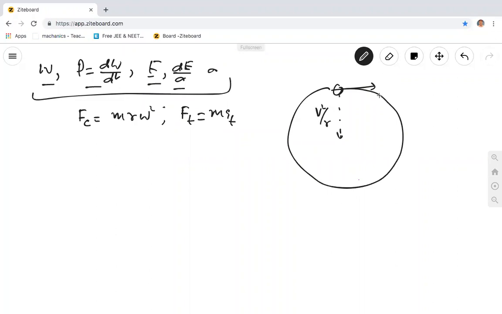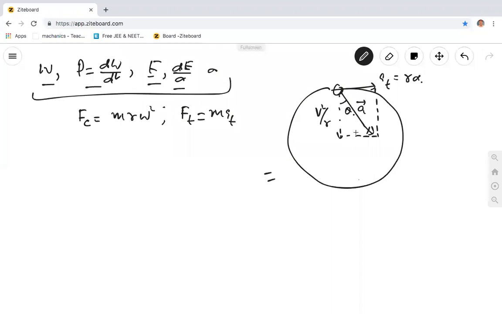If I ask what is the tangential acceleration, a_t is equal to r alpha. If I ask what is the net acceleration, you can take the resultant of these, make a rectangle, and take the resultant, that is the acceleration. This is theta.